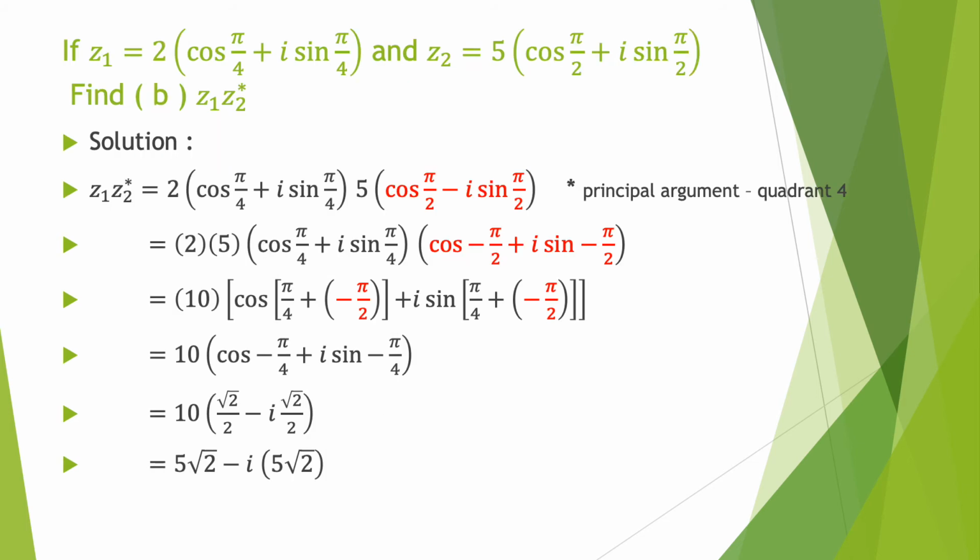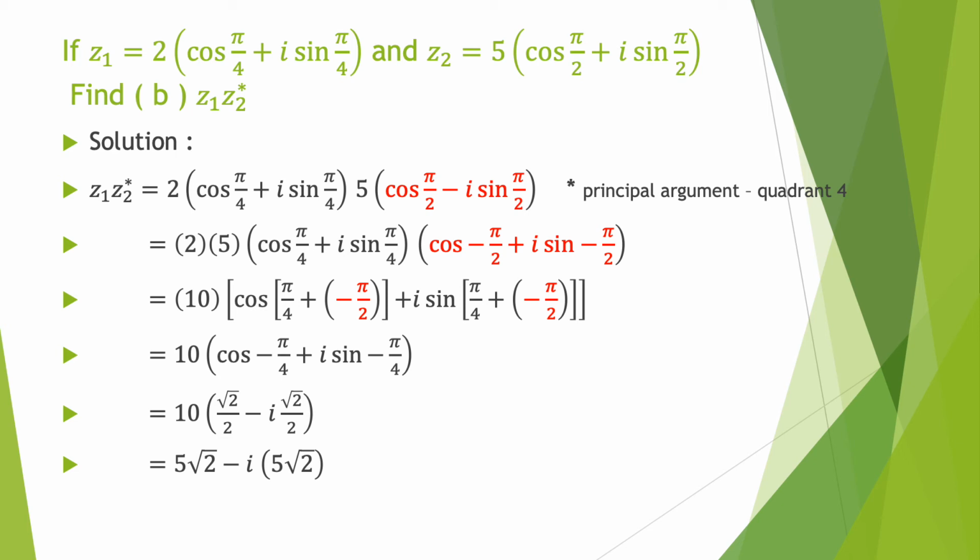Question b, we are requested to multiply the two complex numbers, z1 multiplied by the conjugate of z2. Before going further, we have to find the conjugate of z2. The conjugate of z2 is equal to 5 (cos pi over 2 minus i sine pi over 2).